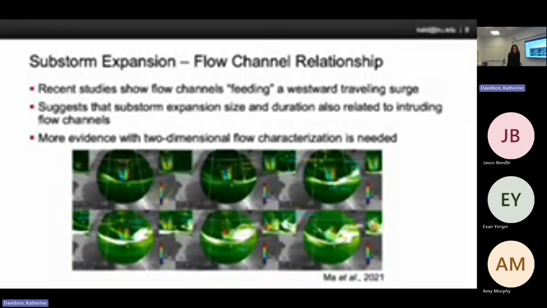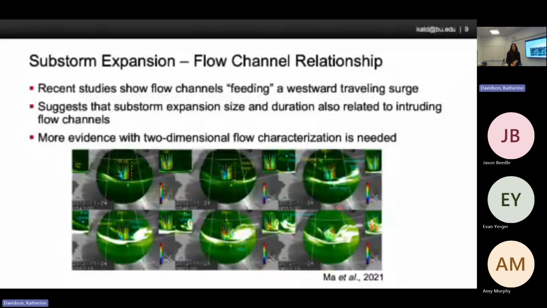And for each step of this surge, we get an enhancement of the flows towards the surge. So this suggests that the substorm expansion size and duration might also be related to these incoming flow channels. And again, just more evidence with two-dimensional flow characterization is really needed there.